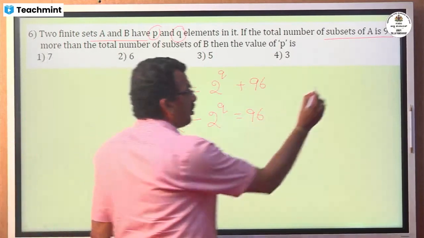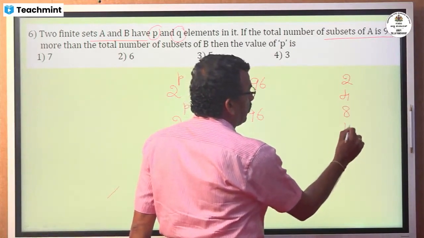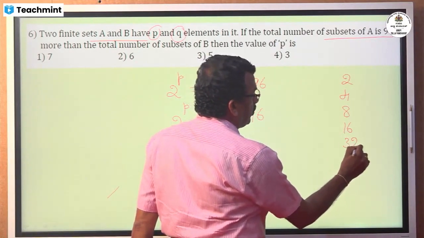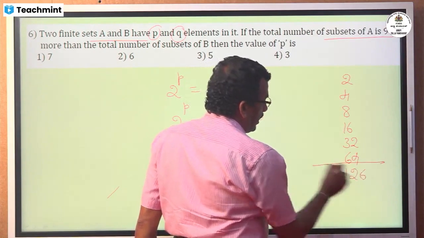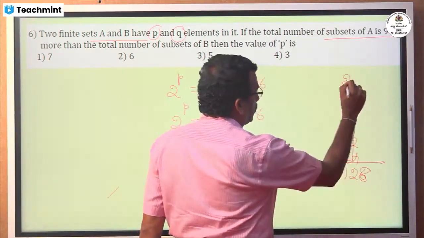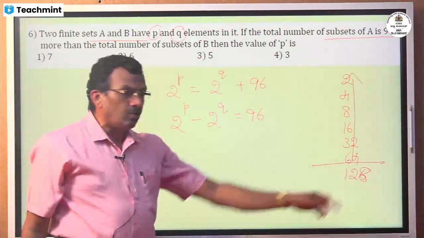You know that 2 to the power of 1 is 2, 2 to the power of 2 is 4, 3 is 8, 4 is 16, 5 is 32, 6 is 64, 7 is 128. These I cannot use. ಇದನ್ನ ಯೂಸ್ ಮಾಡ್ಲಿಕ್ಕೆ ಸಾಧ್ಯ ಇಲ್ಲ because 96 ಗಿಂತ ಸ್ಮಾಲರ್ ಆಯಿತು. So I have to use 128.